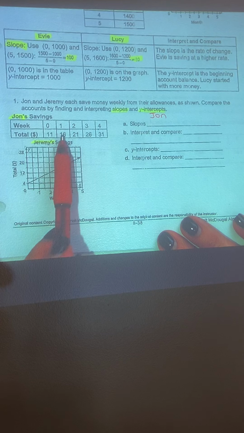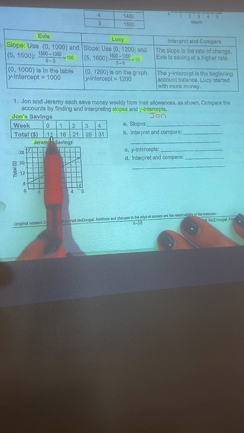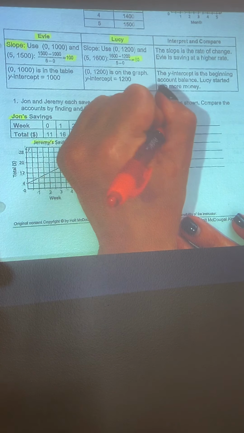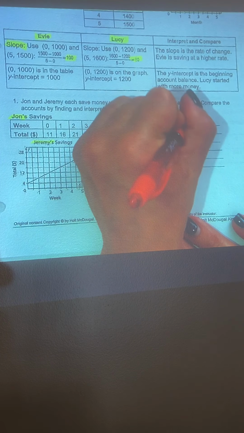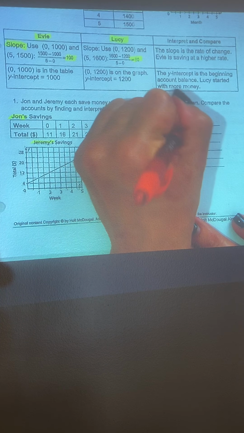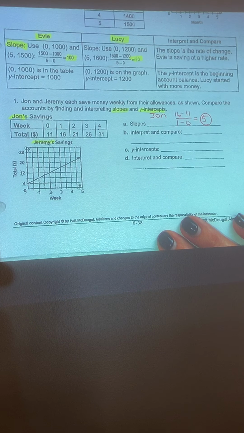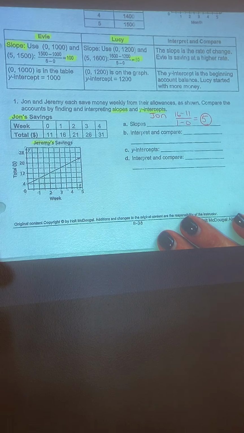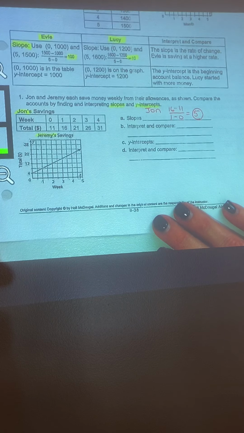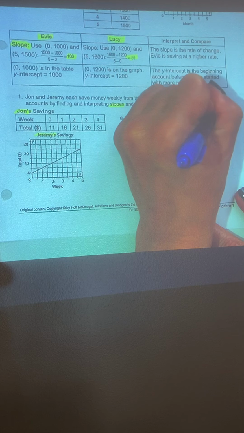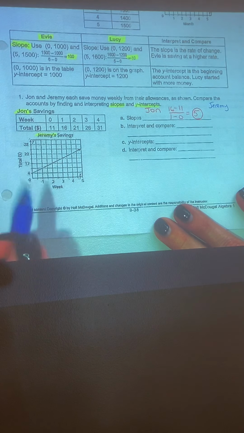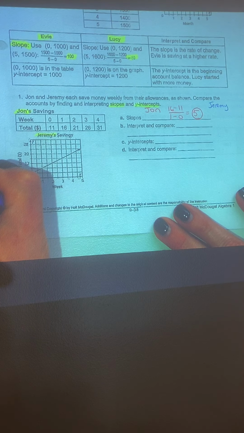All right, so John's slope, y2 minus y1 over x2 minus x1. So 16 minus 11 over 1 minus 0. So John's slope is 5. Okay, and Jeremy's slope is, let's see, let's use two ordered pairs, 0, 4.